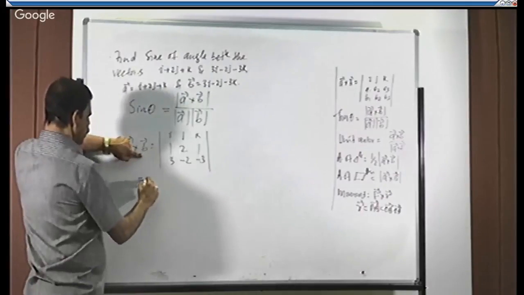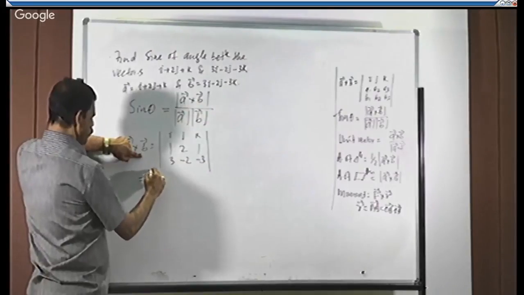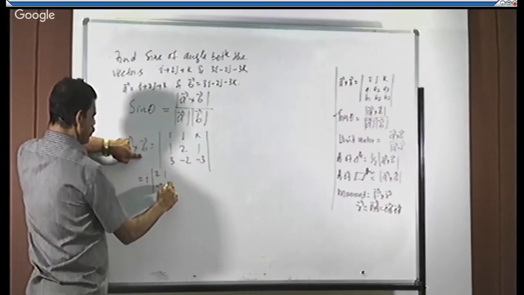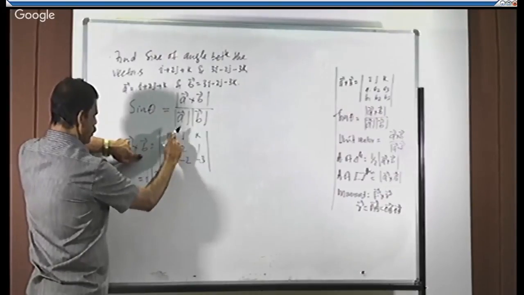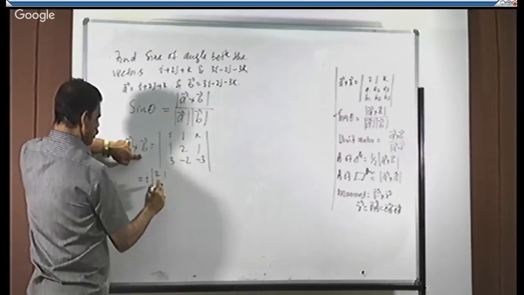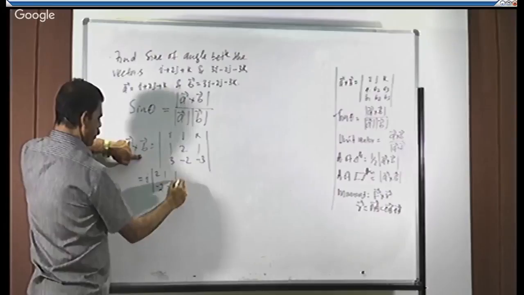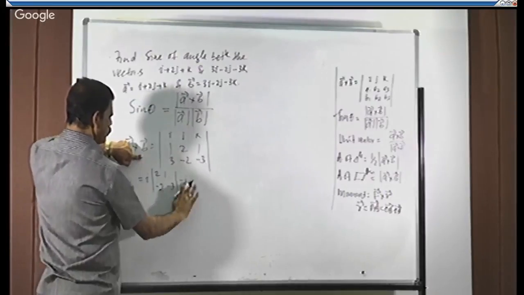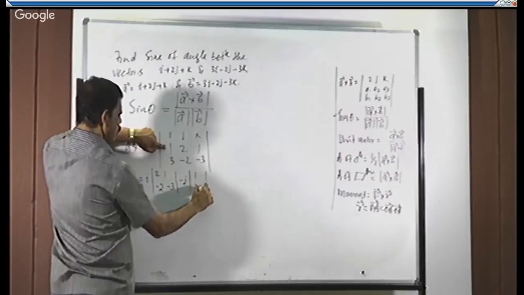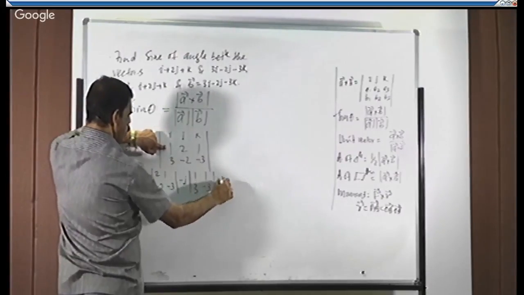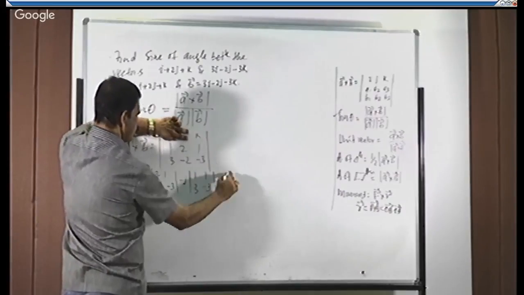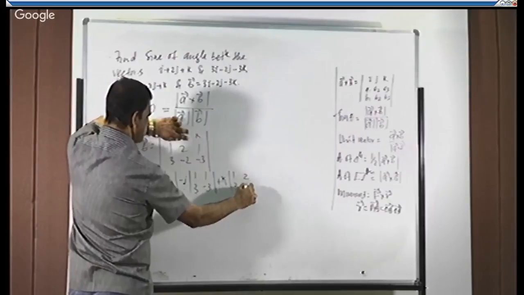Expand it. i into, leave the column and row, 2, 1, minus 2, minus 3. Minus of j into, leave the column and row, 1, 1, 3, minus 3. Plus k into, leave the column and row. What are remaining elements? 1, 2, 3, minus 2.